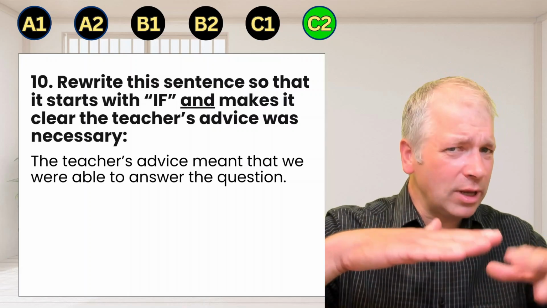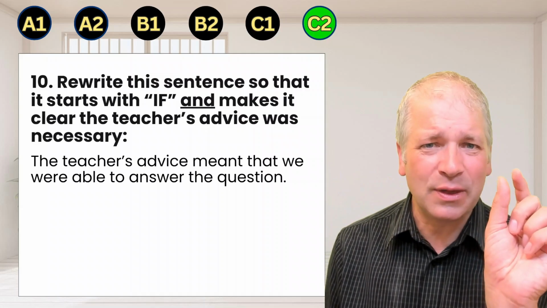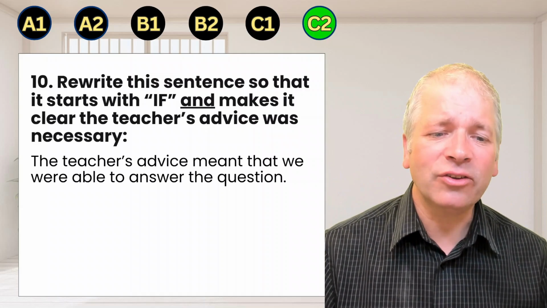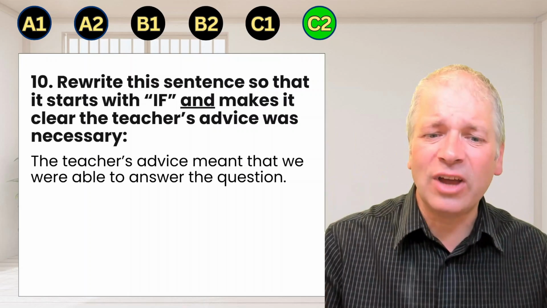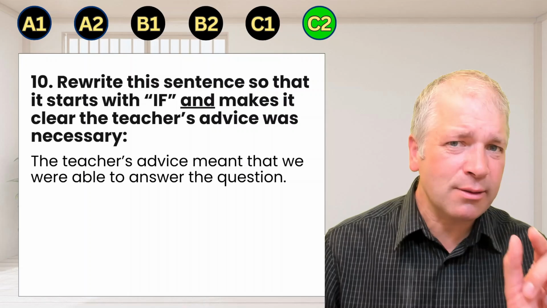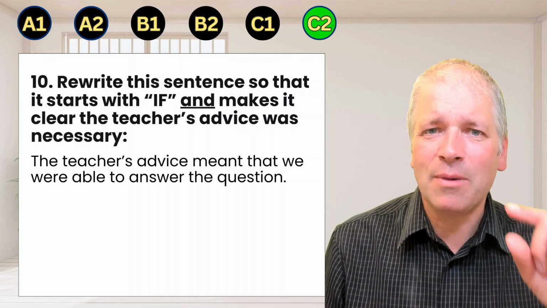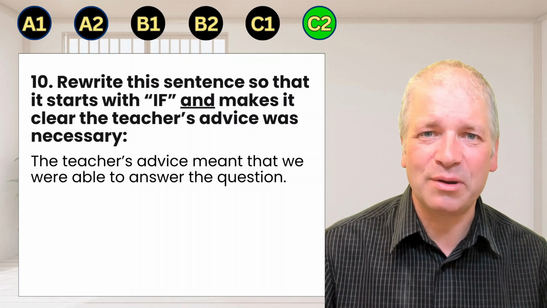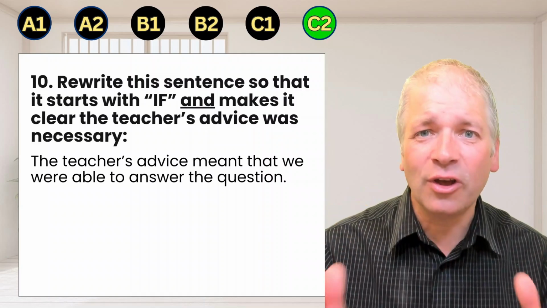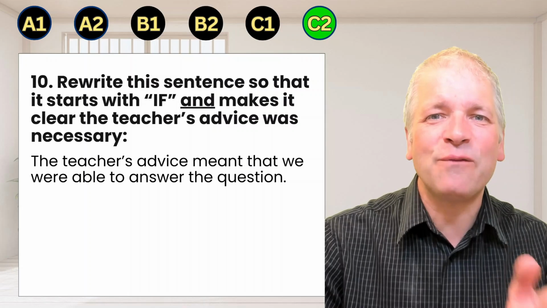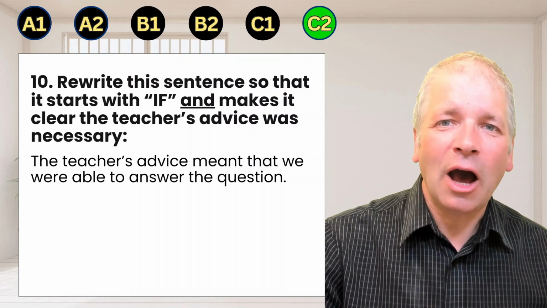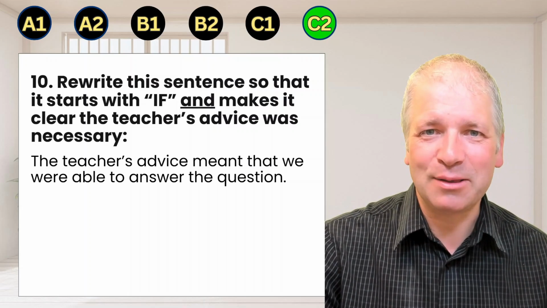How can you rewrite this sentence so it starts with an if and makes it clear the teacher's advice was necessary? You can make as many changes as you wish, but it has to start with if and it has to keep the same meaning and do what the instructions say. This is going to be a challenge regardless of your level. Slow your video down now if you need to. Otherwise, here are the 5 seconds starting now.